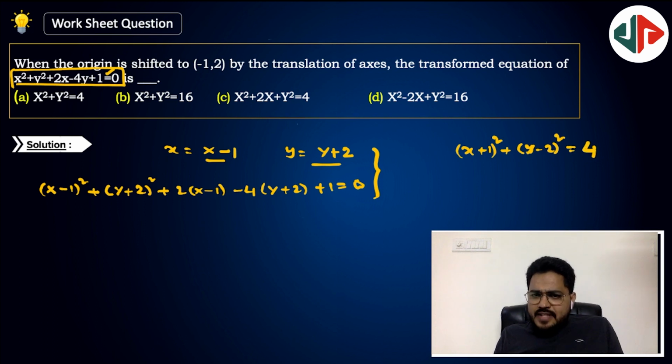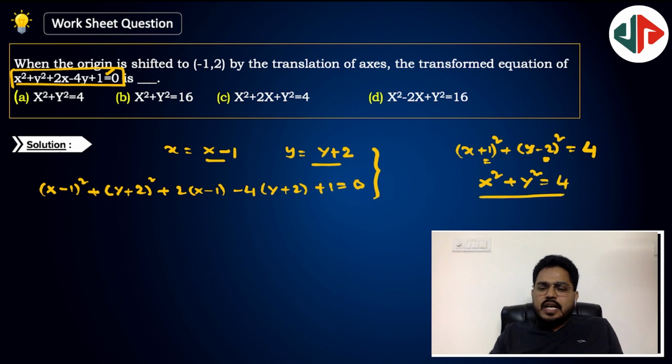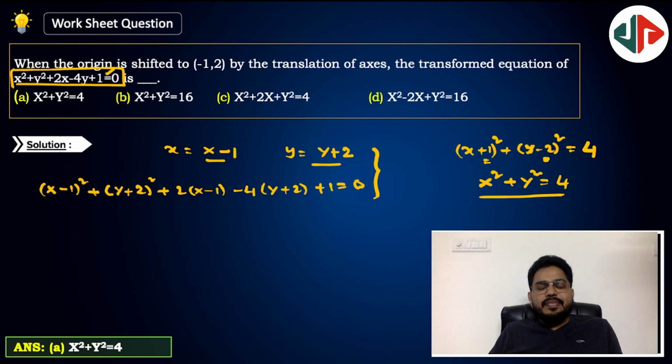If I shift the origin to minus 1 comma 2, this equation will be reduced to capital X square plus capital Y square is equal to 4. So the answer is A. A is the right answer for this question.